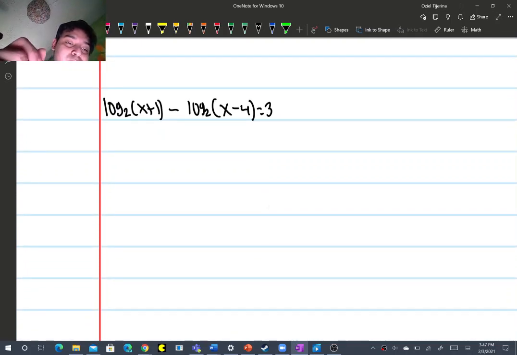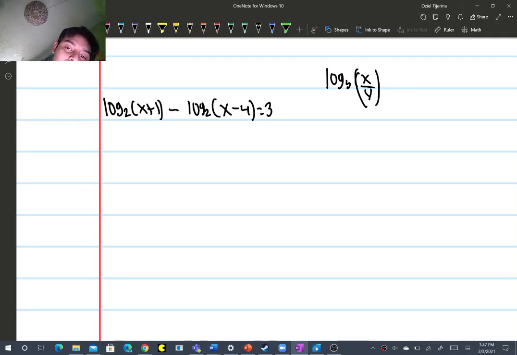So basically, we're going to do this one. Log base 2 of x plus 1 minus the log base 2 of x minus 4 equals 3. Now, notice that they both have a log base 2, and they're both being subtracted. Remember the formula that says log base b of x over y equals the log base b of x minus the log base b of y.